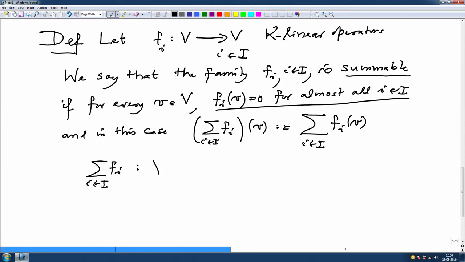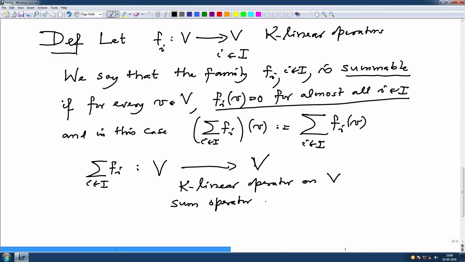This is a map from V to V, and it is very easy to check that this is a k-linear operator on V. And it will be called a sum operator on V. So, the most important part is that Fi v should be 0 for almost all i, and then the sum makes sense, and the sum operator makes sense, and that is called the sum of the family Fi.